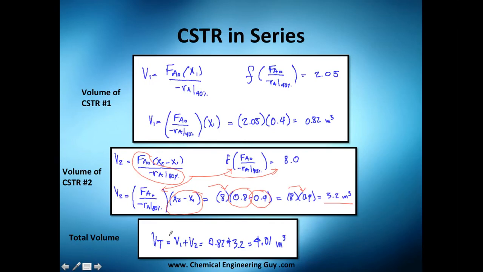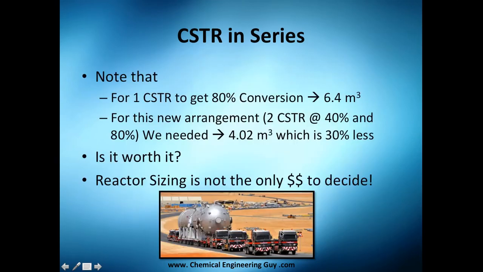And if you wanted to know the total value, volume will be volume 1 plus volume 2, and it's around 4. So if you remember the CSTR exercise we just did, maybe 3 or 4 videos ago, for the same conversion, same conditions, same reaction, I got 6.4 cubic meters volume.